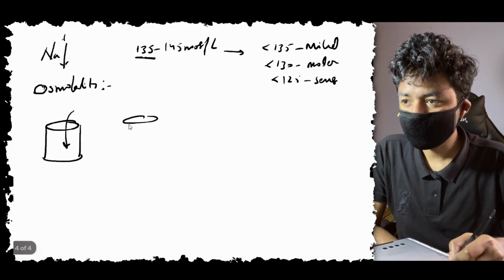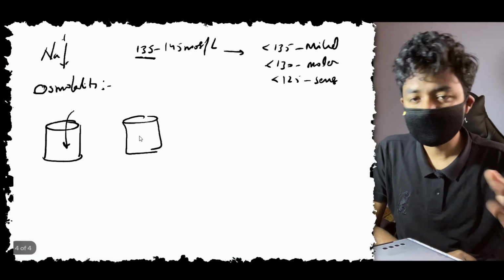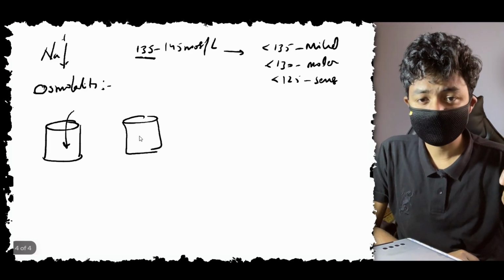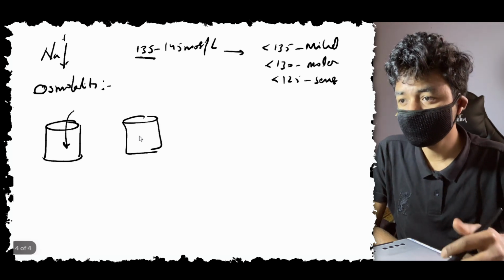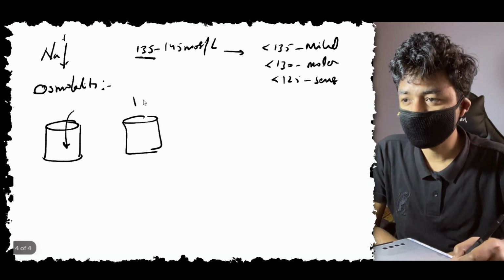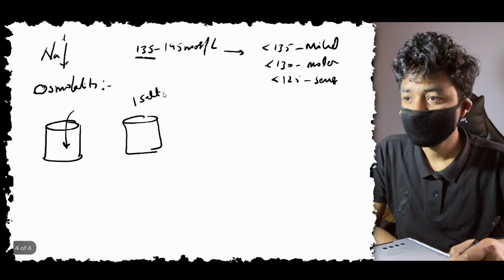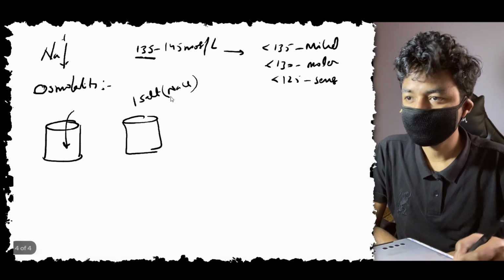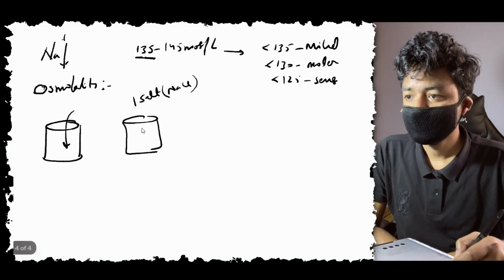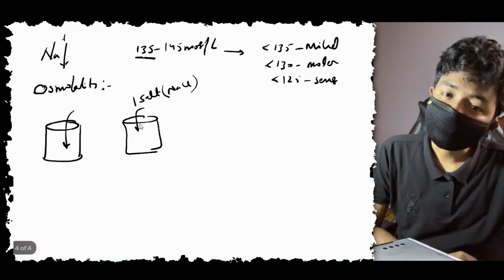Now next I'll take one more glass of water. In this, again I'll pour fresh pure water, only H2O molecules. Now in this I will add one teaspoon of salt. Let's take sodium chloride, the normal salt. So what will happen? Just think of it.